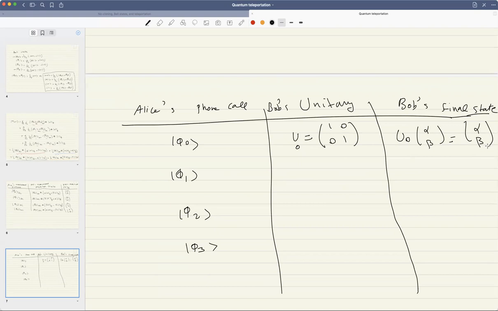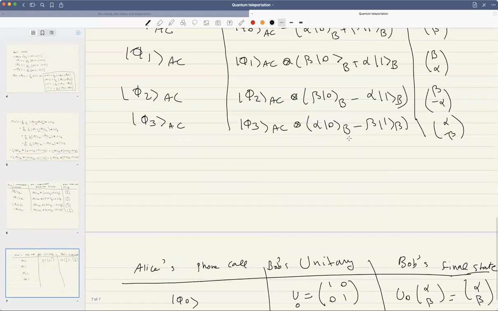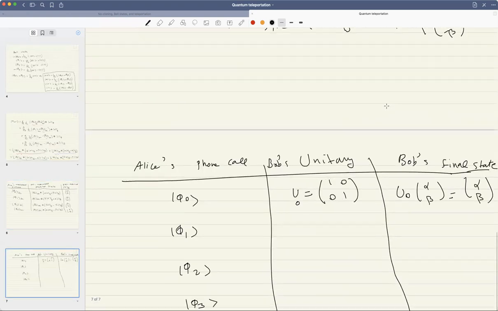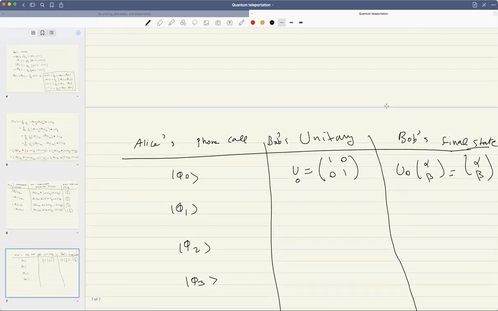Okay, so what was the next one? The next one is beta alpha, right here. So Bob wants to flip these. He wants to go from beta alpha to alpha beta. And this unitary with 1, 1 on the off diagonal is going to do that.